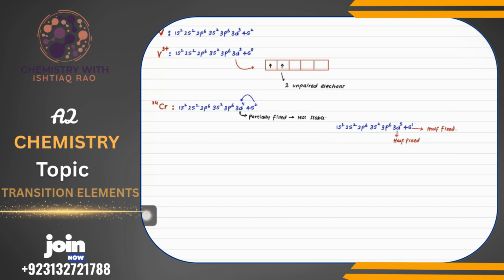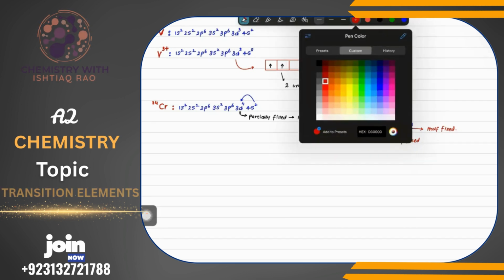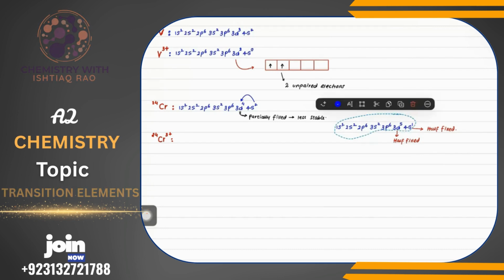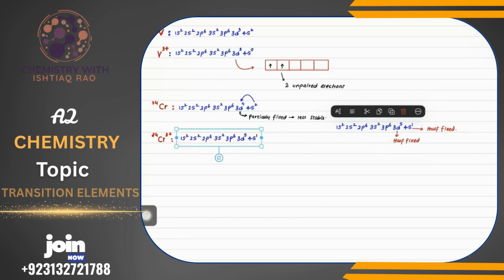Okay. And then after writing down an electronic configuration of chromium, since we know the charge of chromium is plus 3, plus 3 means that it's going to be like that.